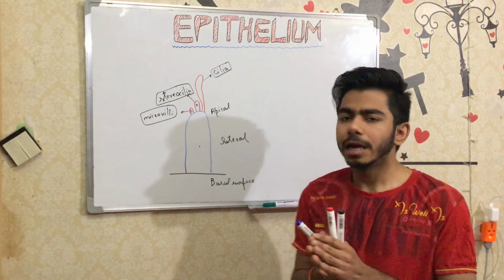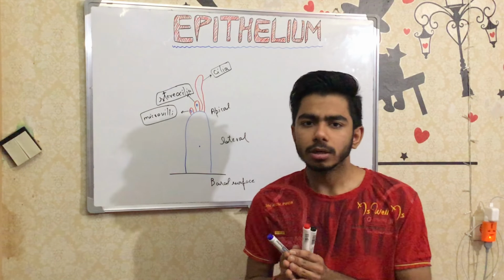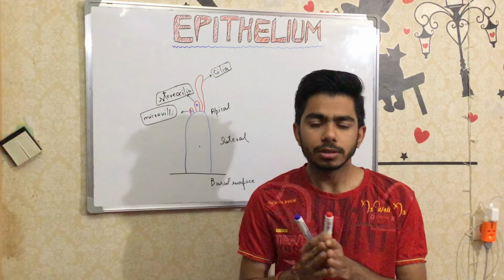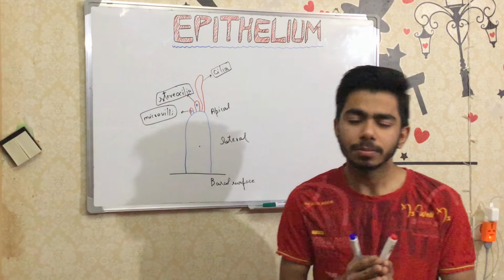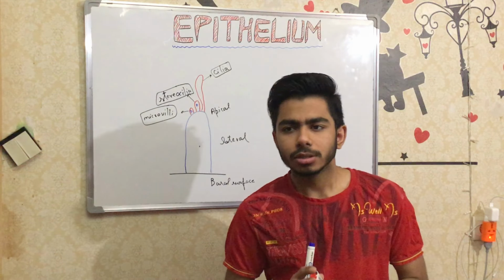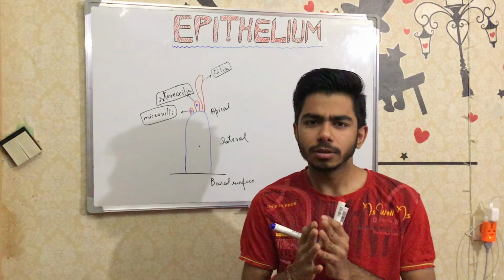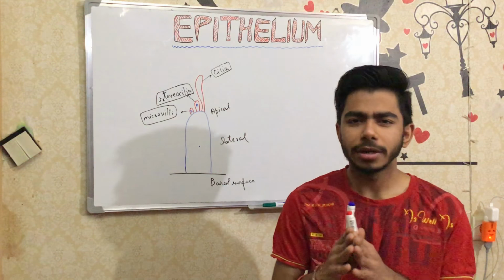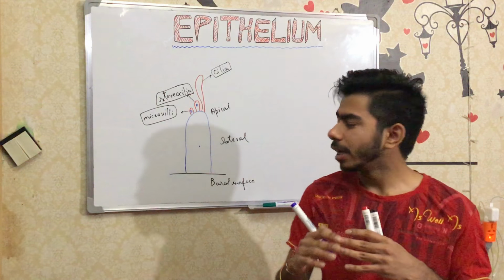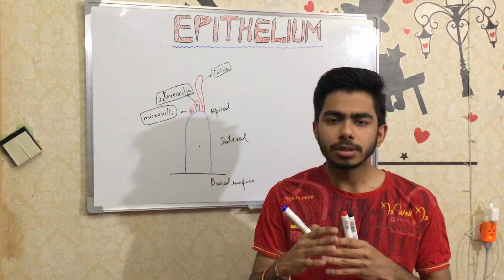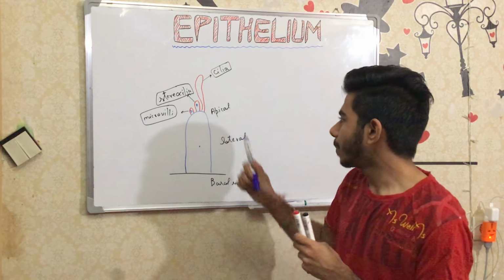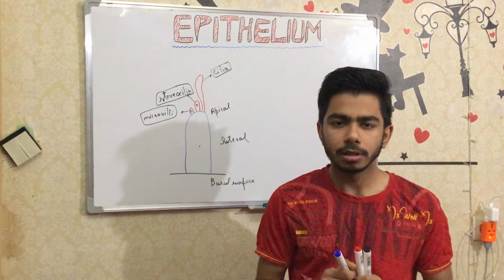I mentioned about the immotile cilia syndrome in the previous section also, that some unfortunate patients have a genetic defect of the ciliary protein. They don't have well developed ciliary proteins over the apical surface of their epithelium.